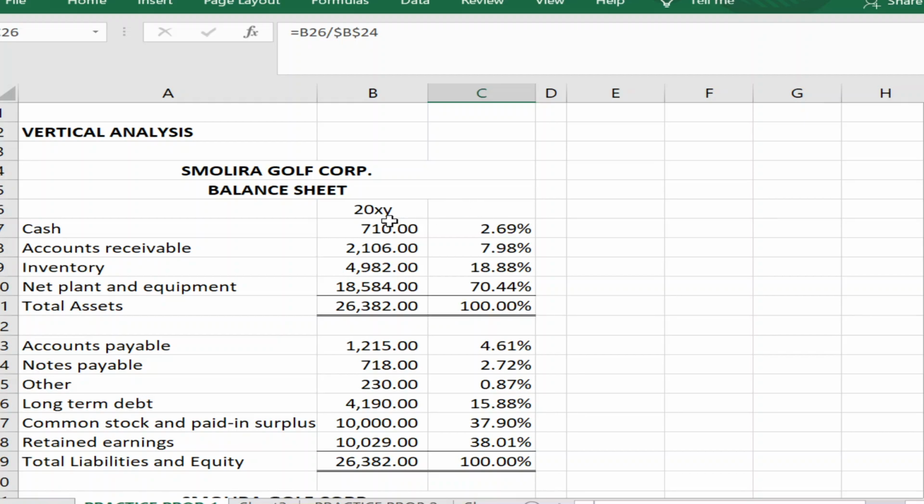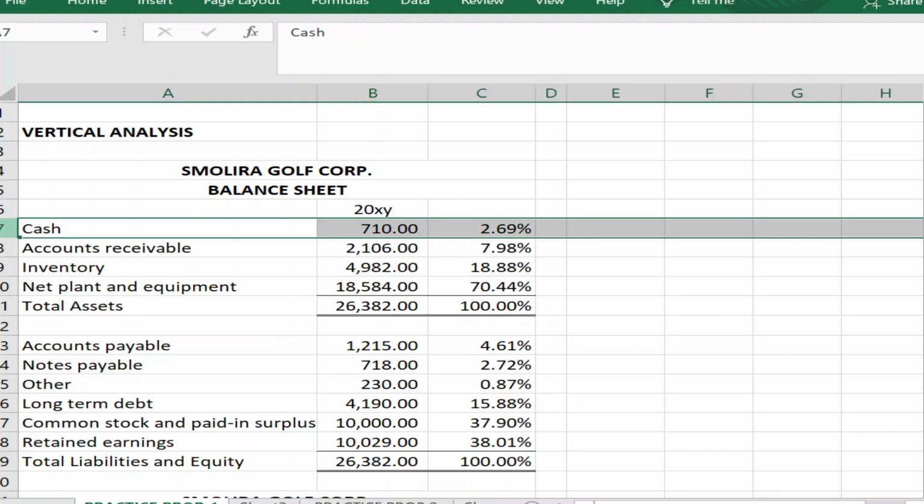So for example, in this case, you can see that our cash here is 2.69% of the total assets. So we can say that it has fewer available funds to pay for any possible expenses or to pay its liabilities that are due within 1 year.